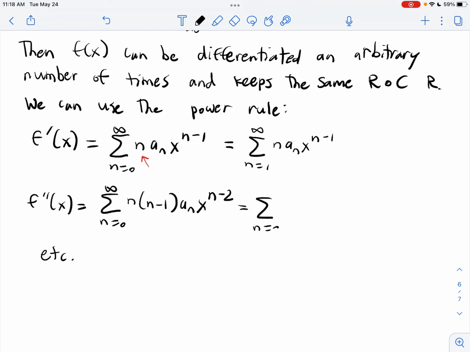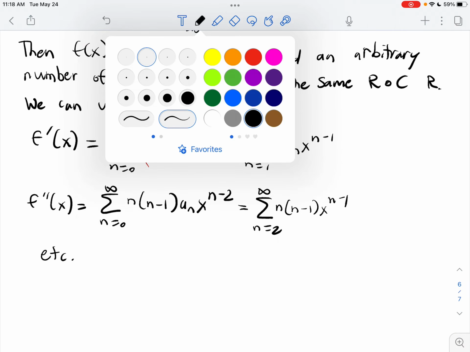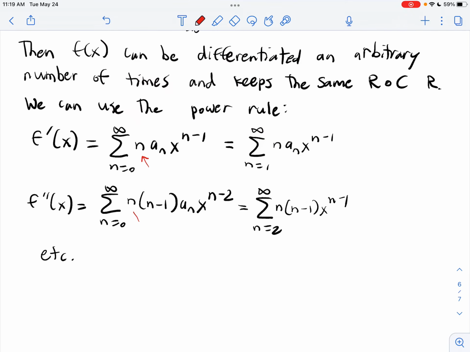Here, we can start it from n equals 2, right? Because notice that if you plug in n equals 0 into this one, that makes it 0. And if we plug in n equals 1 into that one, that makes it 0 also. So the first two terms go away.